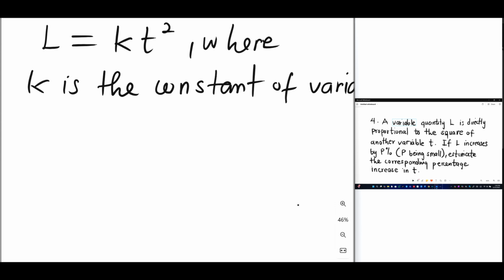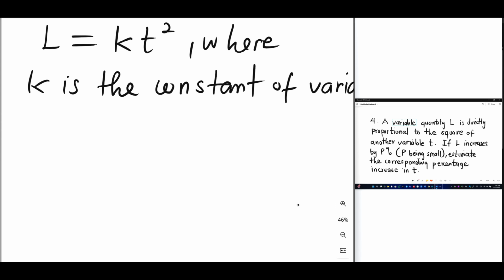The L. Okay, because the L depends on the T. So if there's an increment in L, it implies that there was an increment in what? T, and that resulted in an increment in L. All right, so we were given the small increment in L, and we have to find the small increment that has occurred in the T.